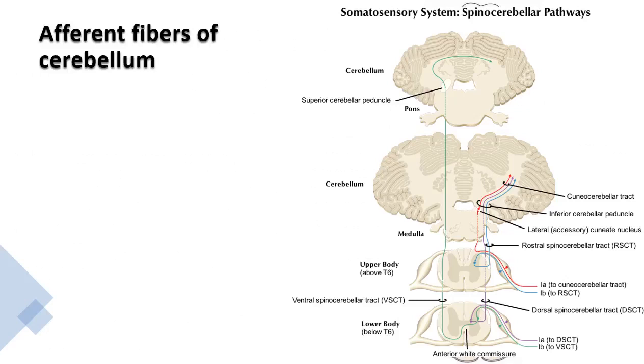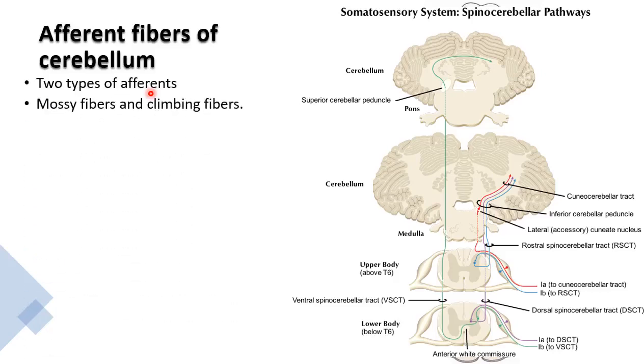Okay, next, coming to the afferent fibers of the cerebellum. The afferent fibers of the cerebellum are of two types: one is the mossy fibers and the other is the climbing fibers.